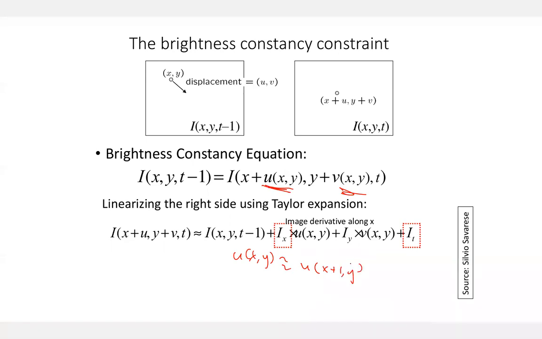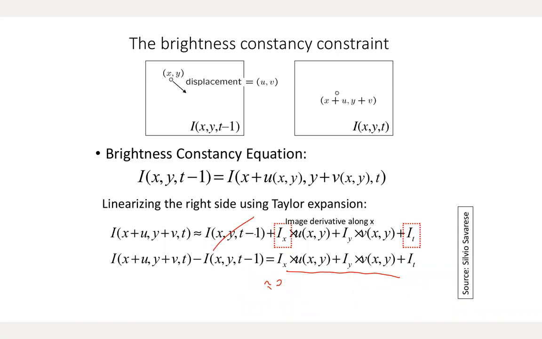Let's say when x and y are close, or u x plus delta x, y plus delta y. So when delta x and delta y are small, then the values will be close to one another. So to take advantage of this coherence assumption.